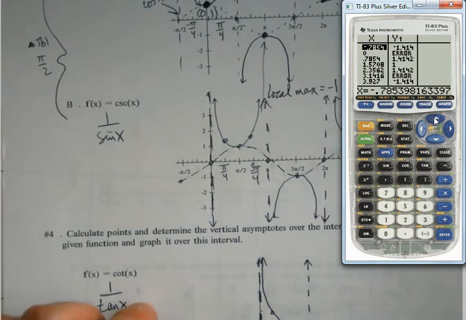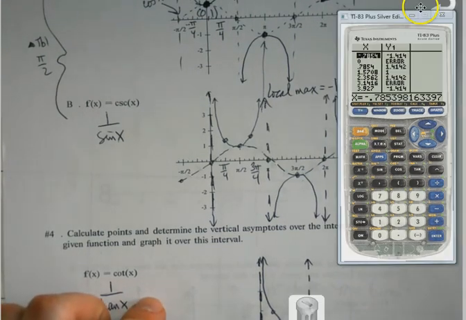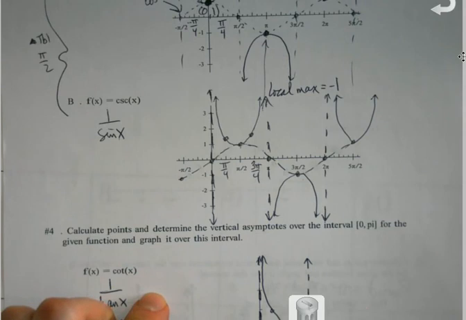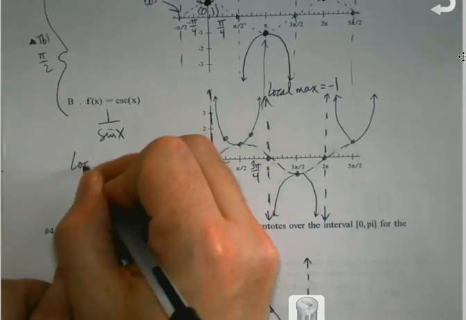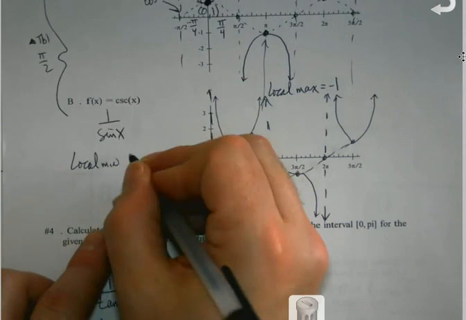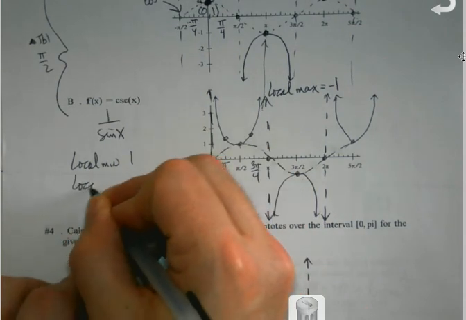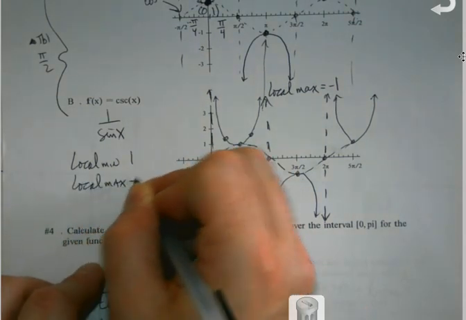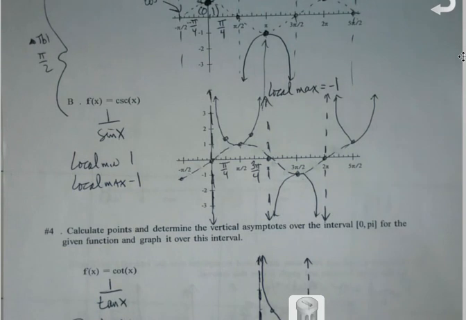My local mins and maxes end up being the same. Let me get that out of the way. So I still have local mins at 1 and local maxes at -1. And again, I can make a coordinate point out of them.